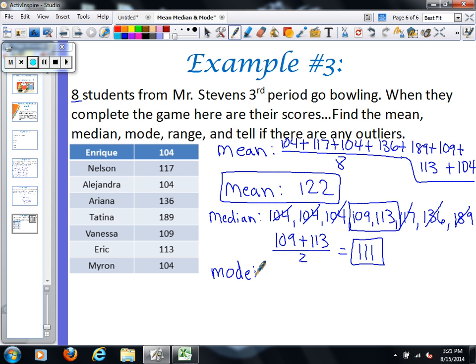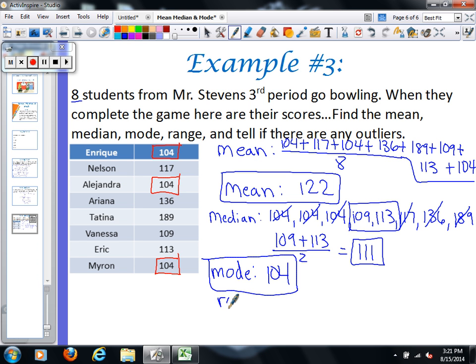The mode, this is the most frequent number. So which number shows up the most? That should be pretty clear. It's going to be 104. You have 104, 104, 104. So my mode is going to be 104.